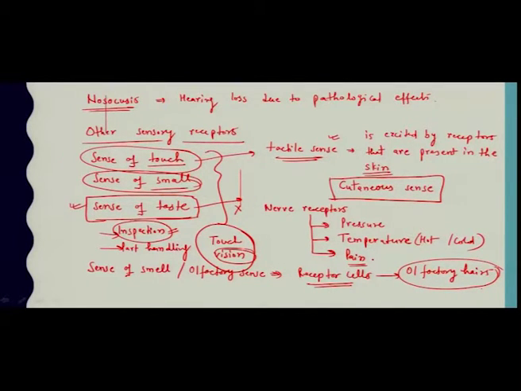For a substance to have an odor, it must be sufficiently volatile to release molecules into the air that can be inhaled through the nasal cavity. So these olfactory hairs, what are they doing here? They are actually performing the sensing operation, and the prerequisite for this sensor to work is that an object should have an odor.